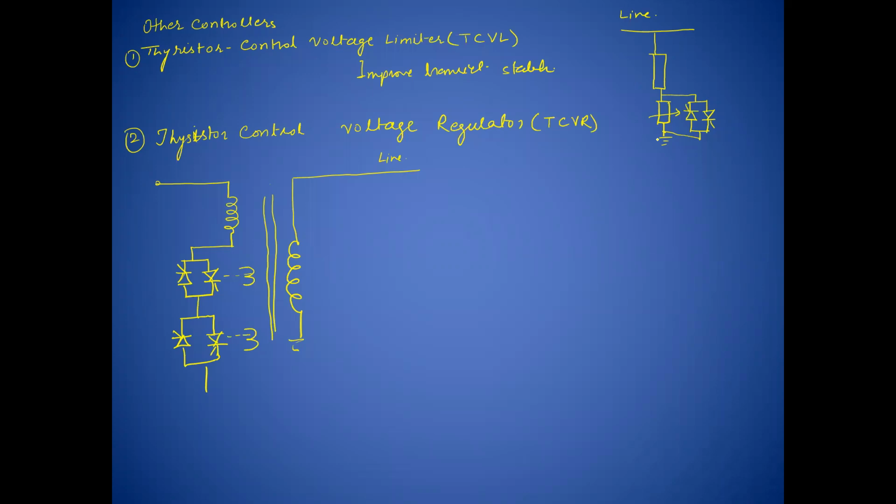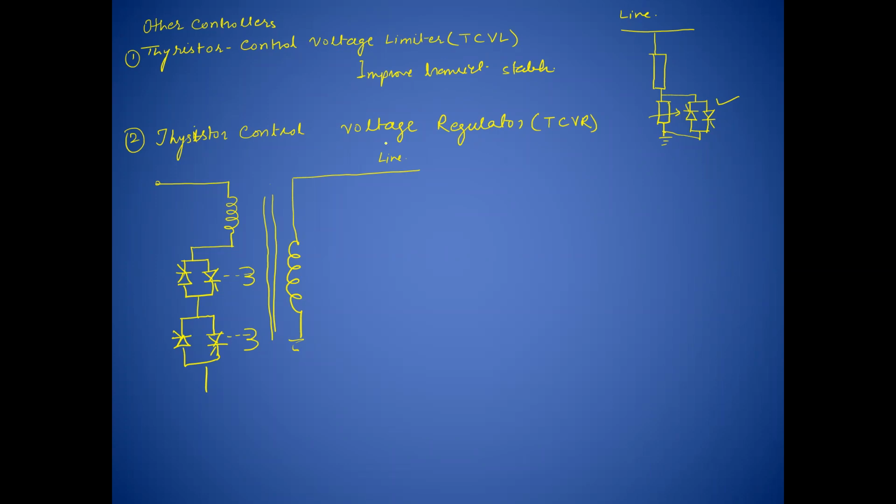Whereas under transient conditions, it offers a path to suppress whatever harmonics, traveling waves, traveling voltages or overvoltages are there. Here, part of the resistor can be connected through thyristor control, so it is called a thyristor controlled voltage limiter, which avoids overvoltages in the transmission line.